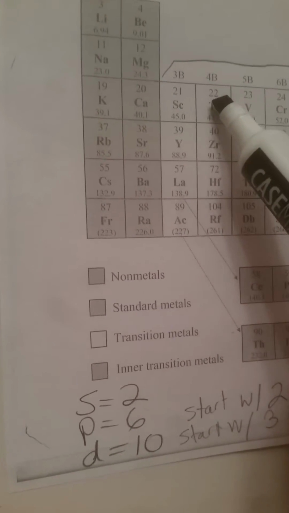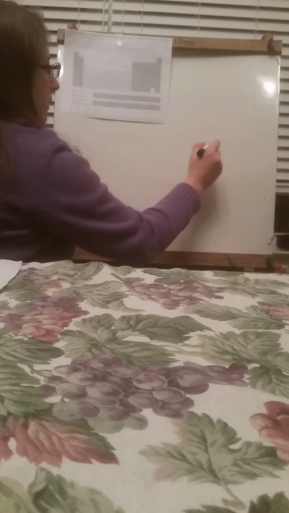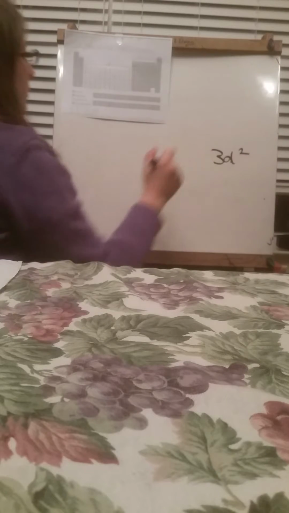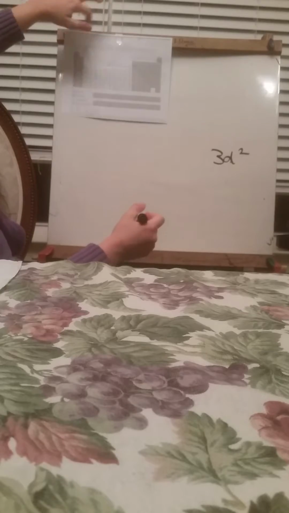I can already tell you its last electron. The first line of d's is going to be 3d, so we're going to end in a 3d2 orbital. I can just go through the periodic table here.